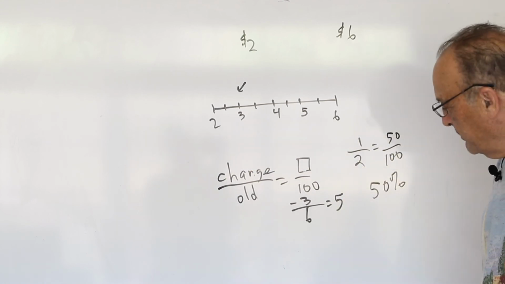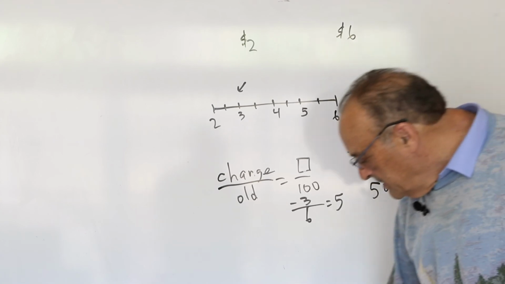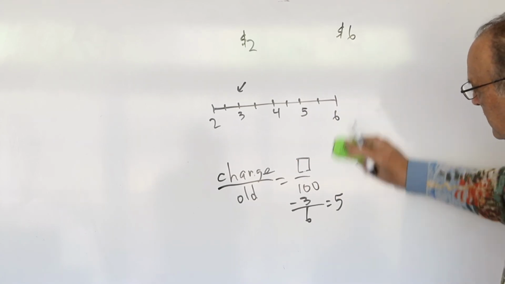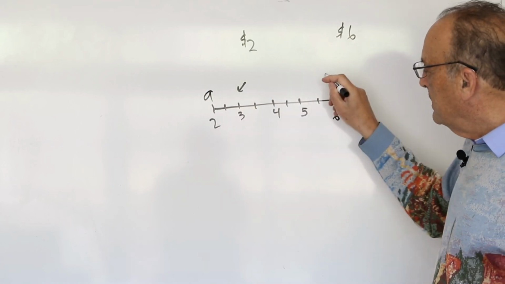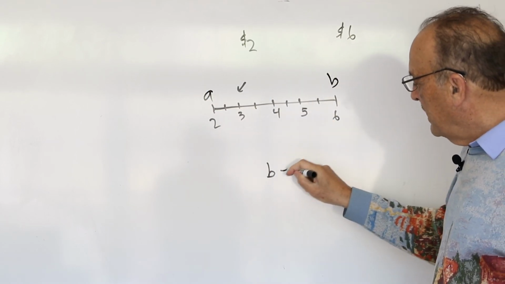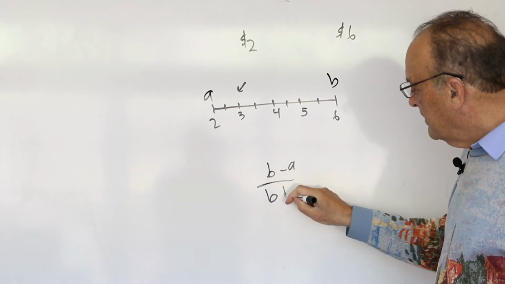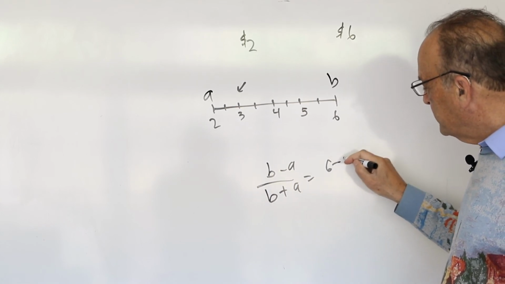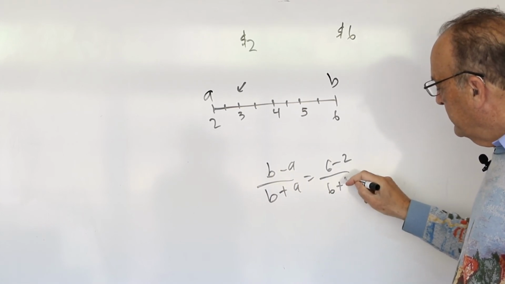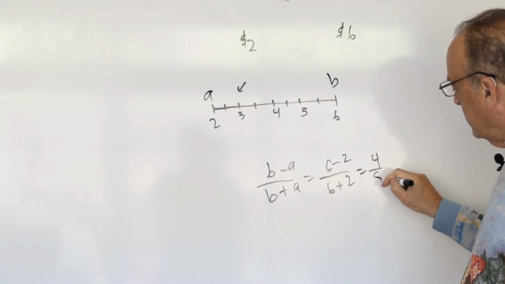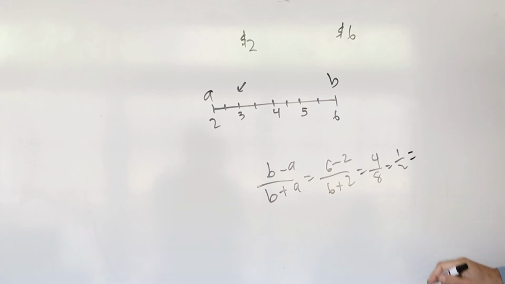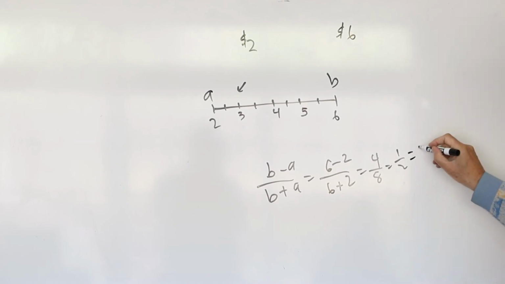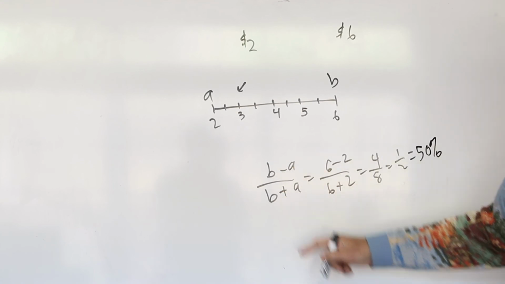And if you want to find out how you calculate the 50%, just label this as A and B. So it's B minus A over B plus A, which is 6 minus 2 over 6 plus 2, which is 4 over 8, which is 1/2, which becomes 50%. So this B minus A over B plus A goes to work again.